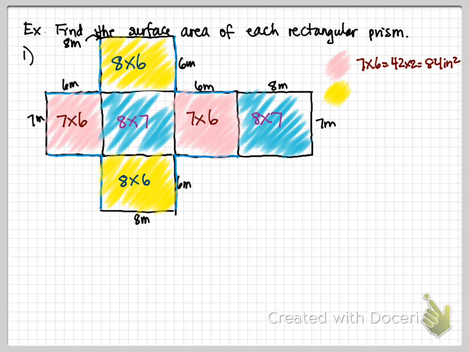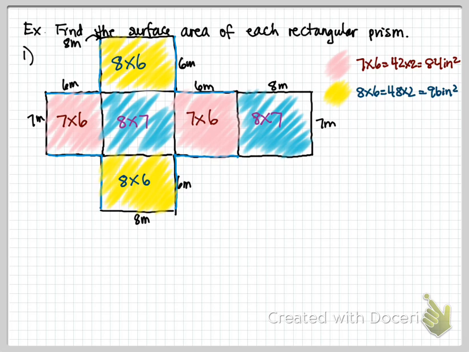The dimensions of those guys was 8 by 6, which equals 48, and we have 2 of them. So that's 96 square inches.